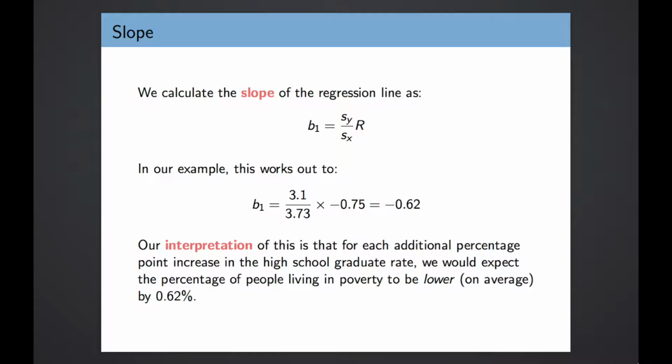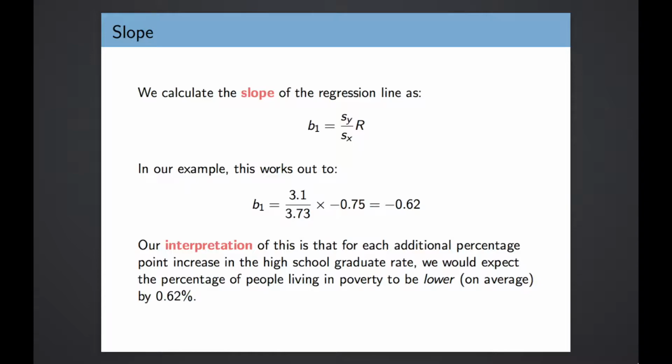We're going to interpret the slope by saying that for each additional percentage point increase in the high school graduation rate, we expect the percentage of people living in poverty to be lower, on average, by 0.62%. So more generally, the slope tells us how the dependent variable responds to a 1 unit increase in the independent variable.